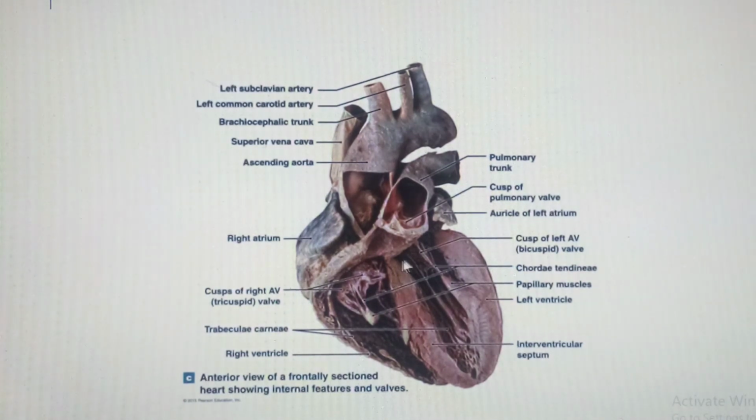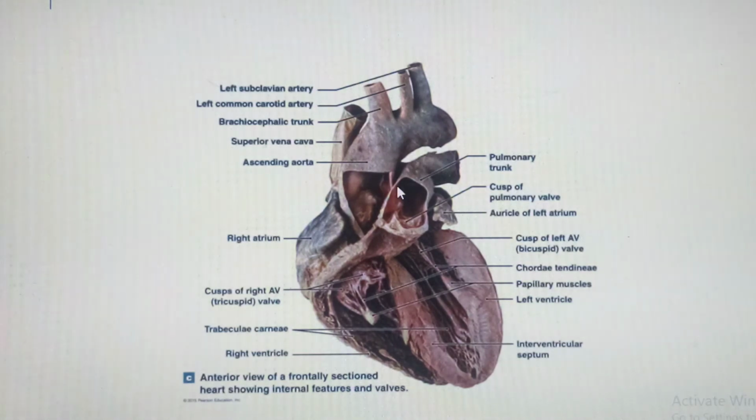The blood will be shunted over here because there's a defect, so more blood will be coming in here, and that one will be supplied to the rest of the body cells except of course the lungs. So these are some important applications that you have to know regarding the heart, tetralogy of Fallot.